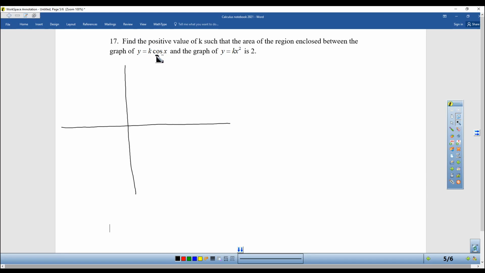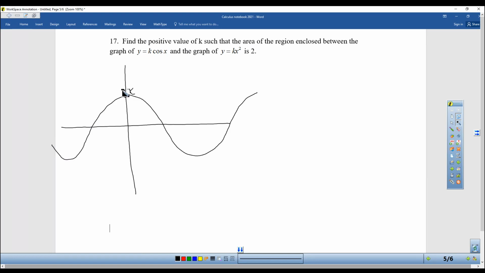It just makes it taller because it's a positive value of k. Otherwise, it would also flip it. So cosine normally just starts at 1 and goes down, and comes back up again like that. Depending on what k is, that would determine how tall it is.